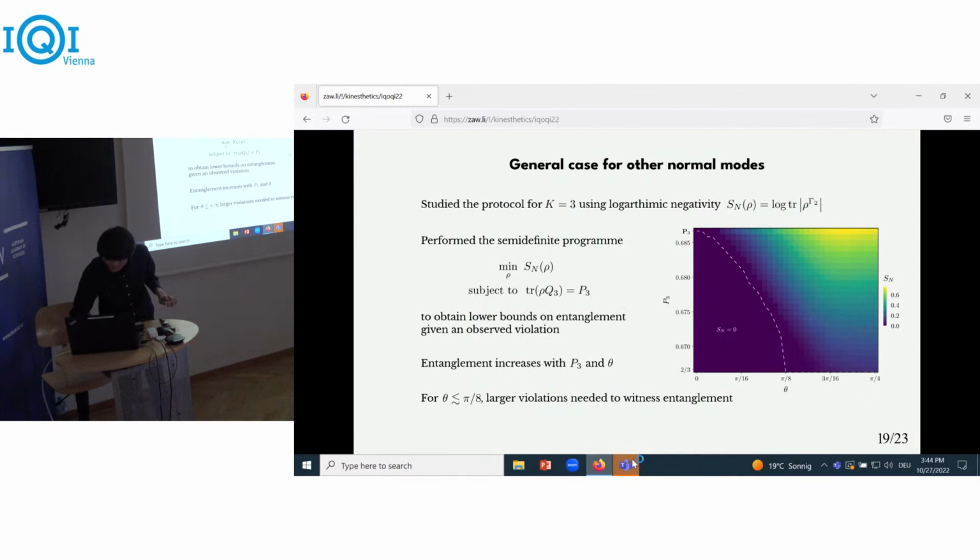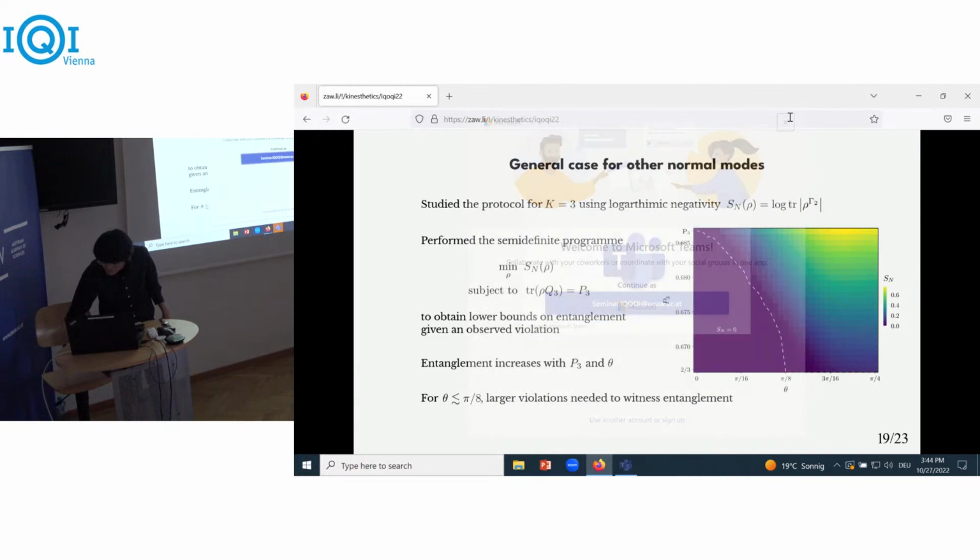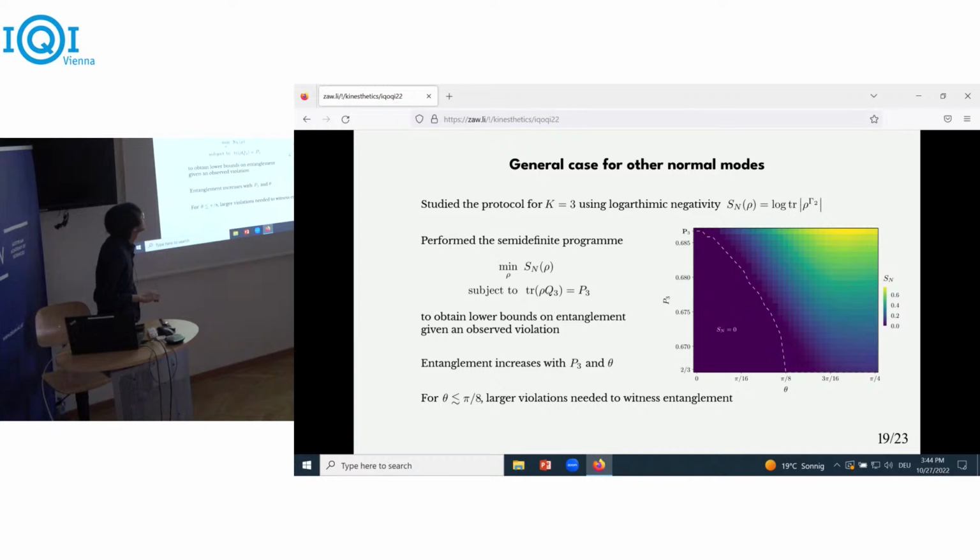So this is the lower bound for the entanglement for the given violation.